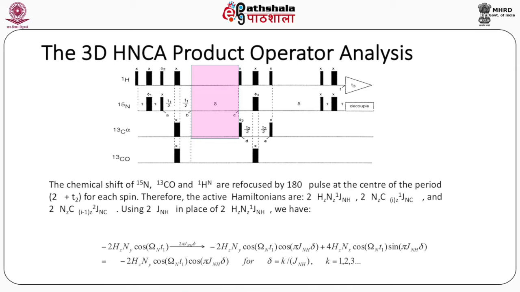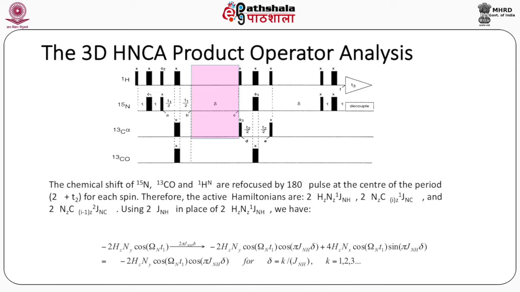Now, we move further in the pulse sequence. The chemical shifts of N15, C13 carbonyl and the amide proton are refocused by the 180-degree pulse at the center of the period 2 delta plus T2 for each spin.